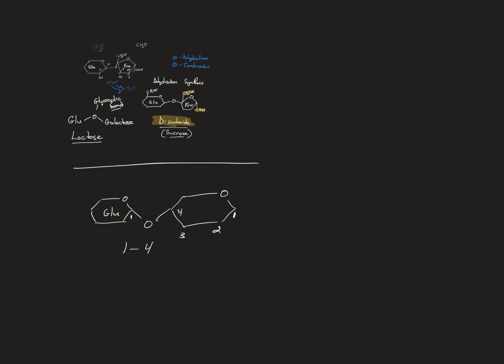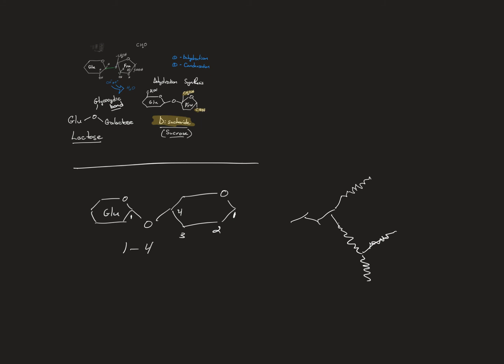So that 1 to 4 linkage, if it's branched, if it has a lot of branches, and it just keeps going, so all the carbons are linked on this branch, and then they branch again, and a bunch of carbons are linked there. This kind of branching is called amylopectin.